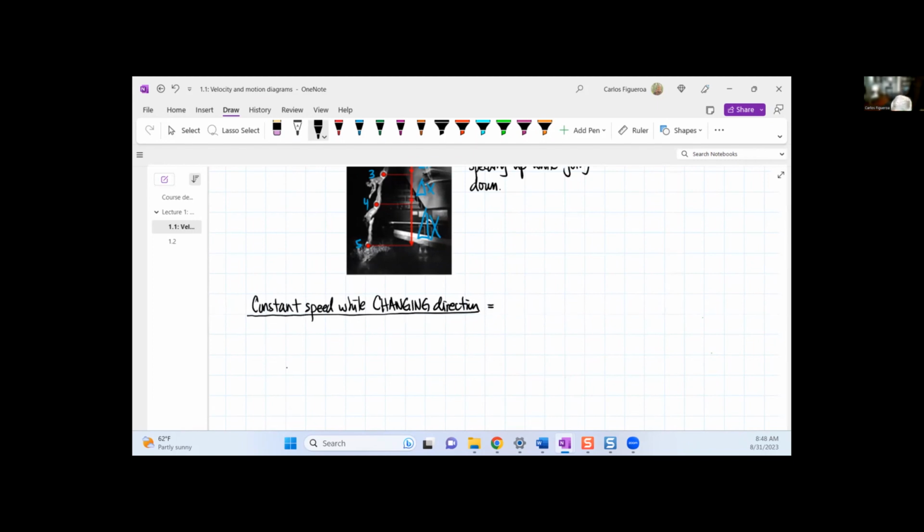And this is what we call turning. Turning is a form of changing velocity.